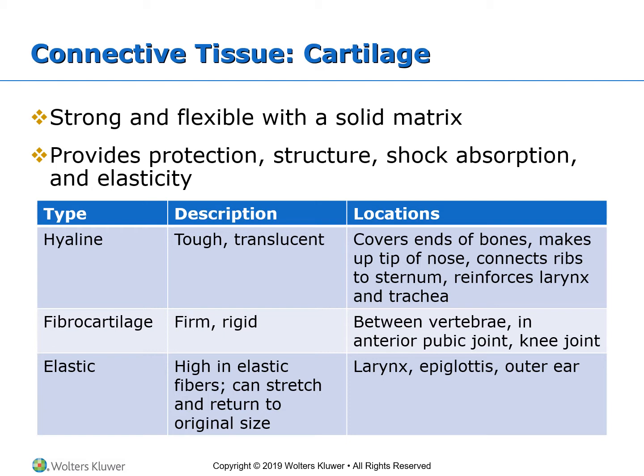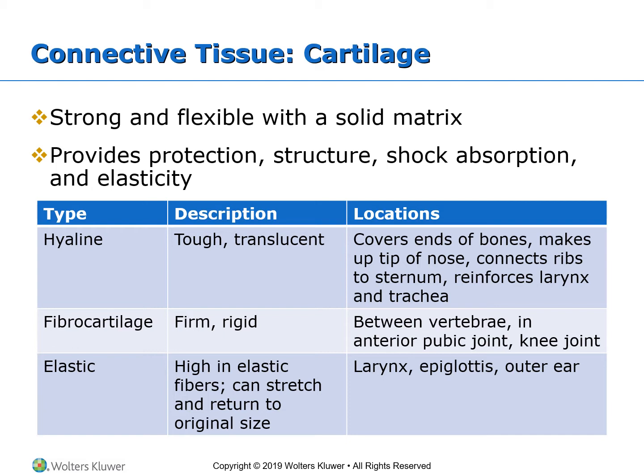So let's see, what types do we have? We have the hyaline type, which is tough and translucent. We can find this type of cartilage covering the ends of the bones. It will make up the tip of the nose, will connect ribs to the sternum, and will reinforce the larynx and the trachea rings.